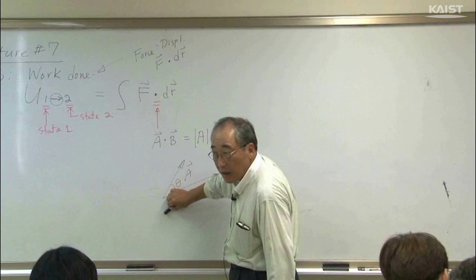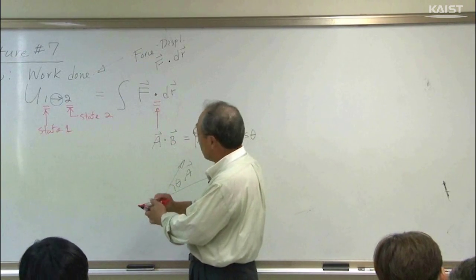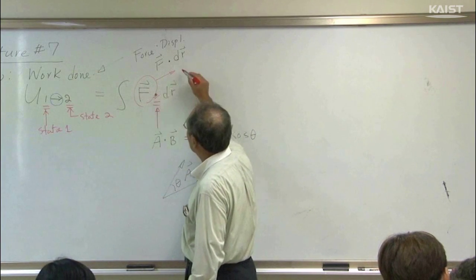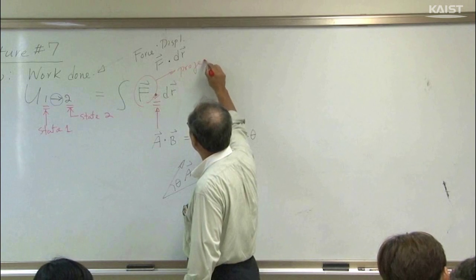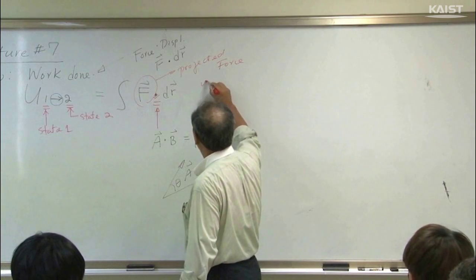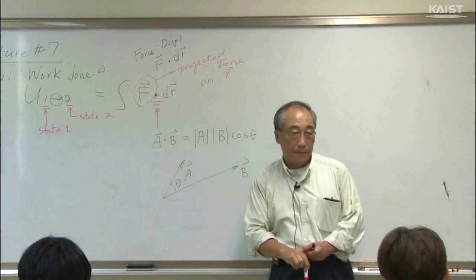Right? So this means projected force. Dot means projected force on the r vector or dr vector.